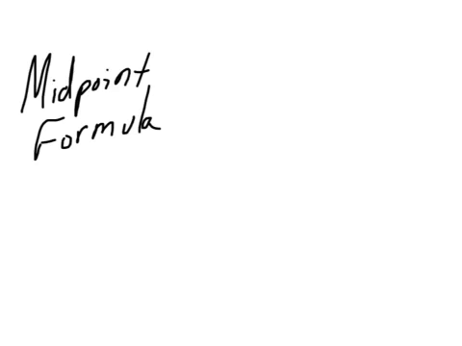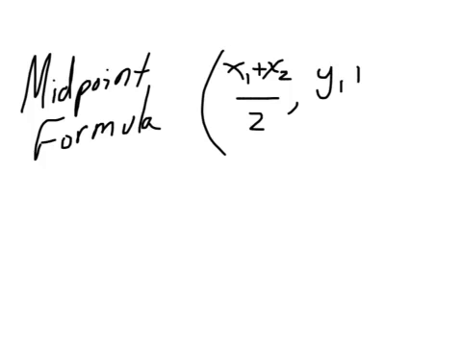The formula for it is x1 plus x2 divided by 2, y1 plus y2 divided by 2. Now what you're actually doing here, and it's a surprise to some people, is finding the average of the x's and the average of the y's. It is listed in ordered pair format because it is an ordered pair.